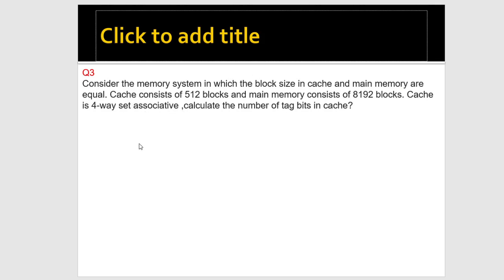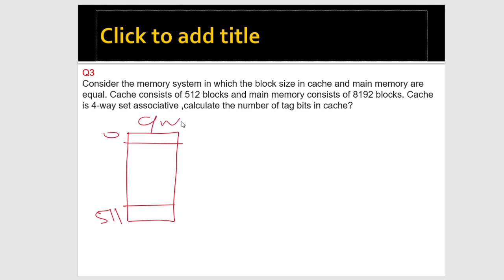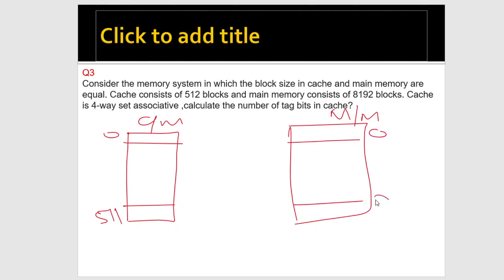The cache size is 512 blocks, numbered 0 to 511, and main memory has 8192 blocks, numbered 0 to 8191. 4-way means 4 blocks per set.